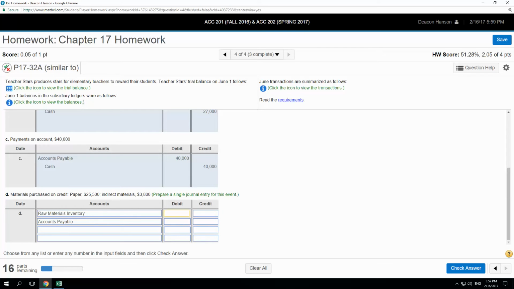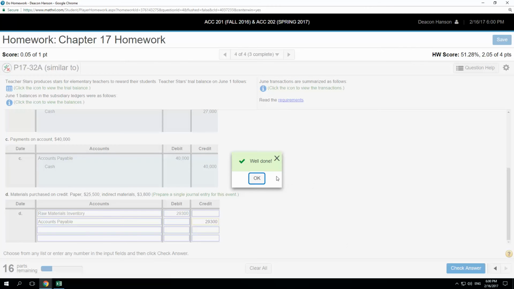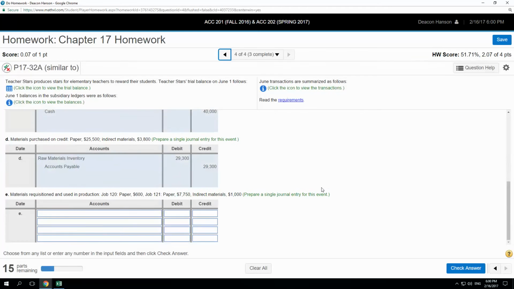So I'm going to add them. I got 29,300 when I add the two. So they're telling us what the direct and indirect is, but it's all going to go into this raw materials inventory account because it's all raw material. It's only when we start putting it into jobs that it takes the path of direct or indirect.